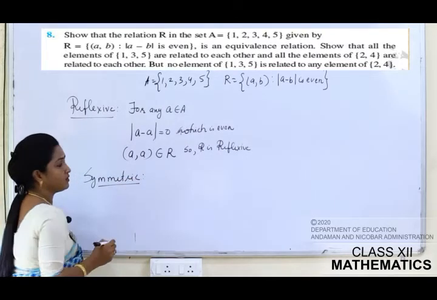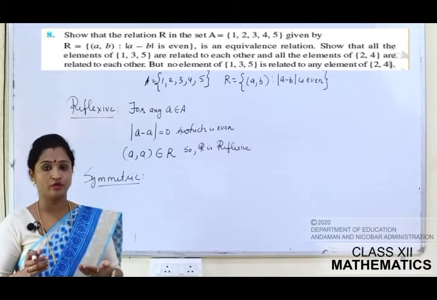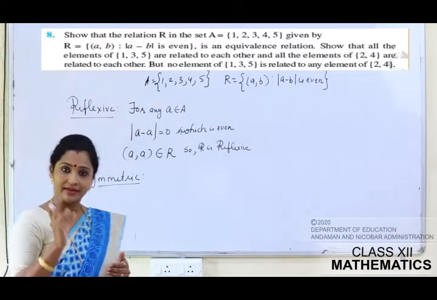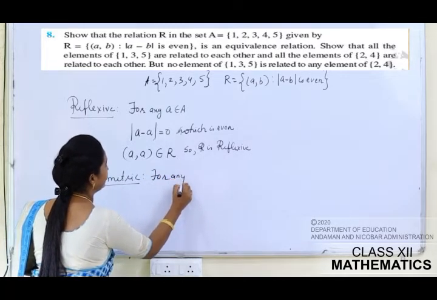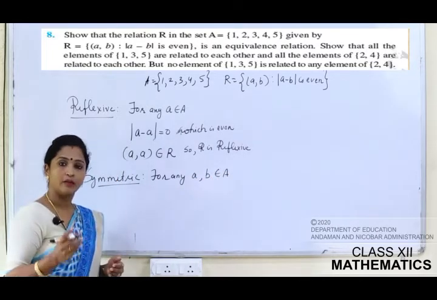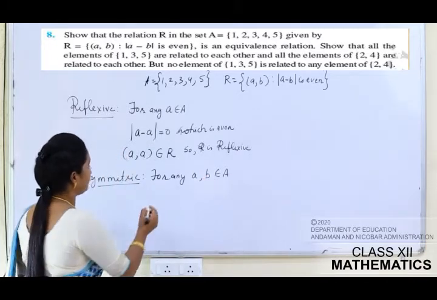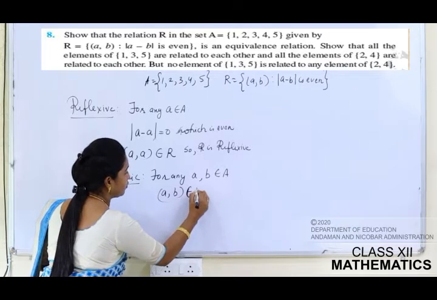Symmetric relation we will see. For symmetric, what is the condition? If (a, b) belongs to R, you have to prove that (b, a) is also present in R. So we will take any two elements a, b belonging to A. Now (a, b) belongs to R. What does it mean?